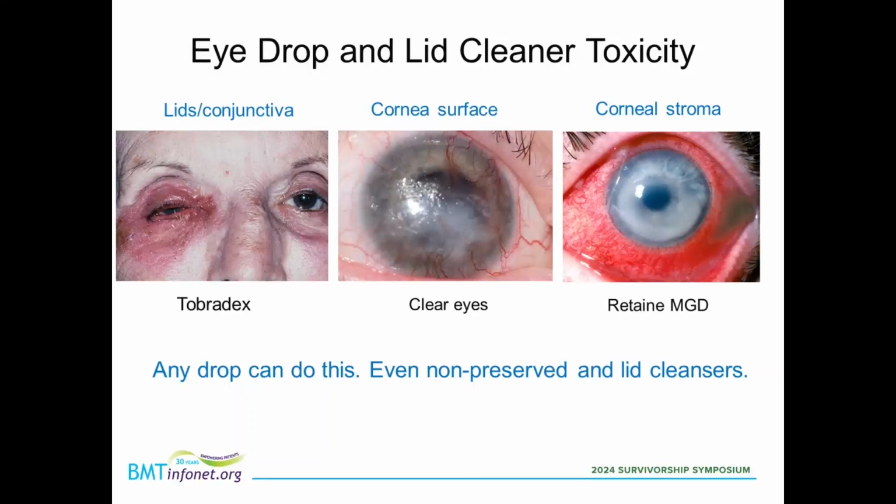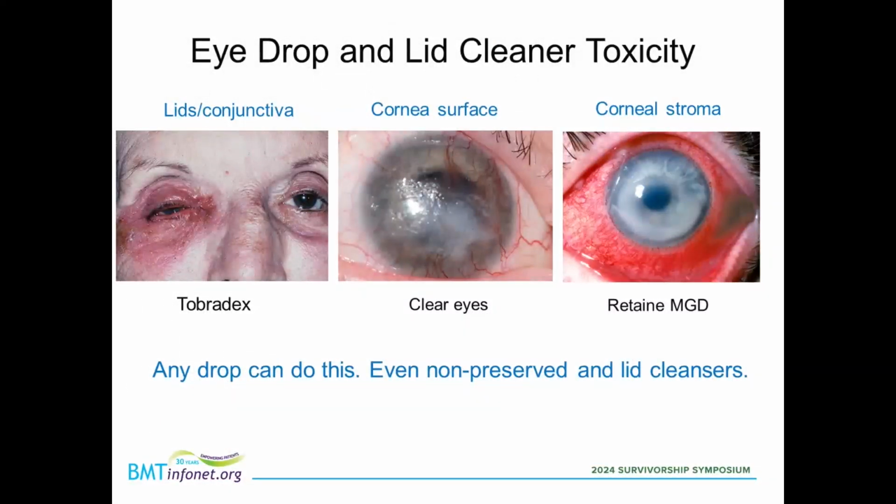You can see all that redness. It turns out inside the eye is inflamed too. And they have a contact dermatitis or a contact allergic reaction to whatever was in the drop they were using, which was a drop called Tobradex, which contains tobramycin, dexamethasone, and a preservative. You stop the drop, and all that improves.